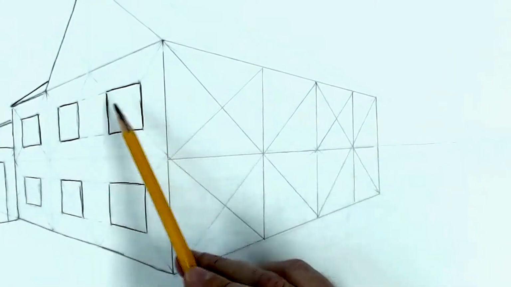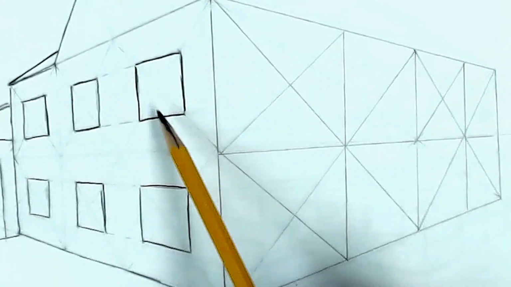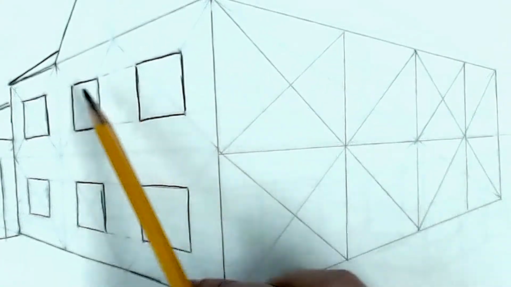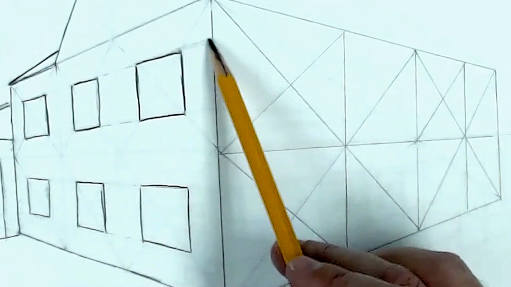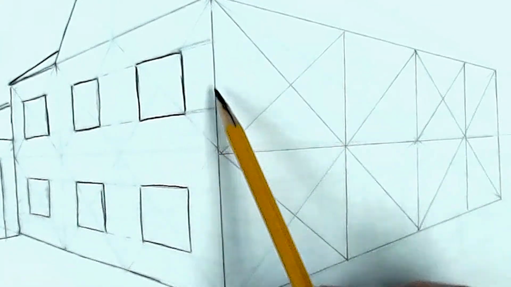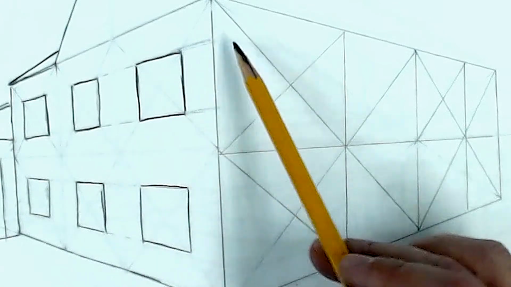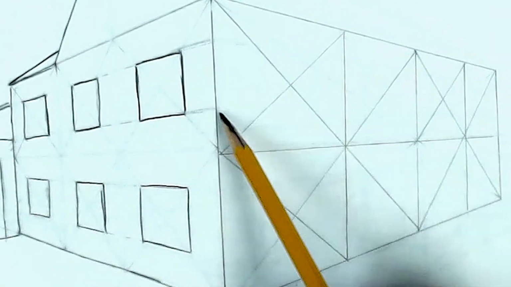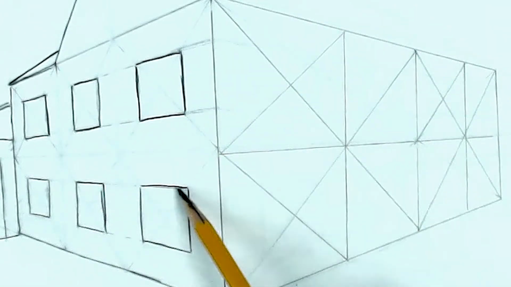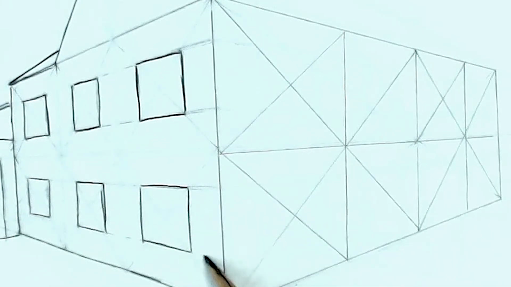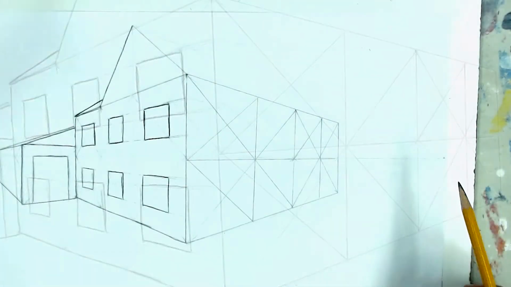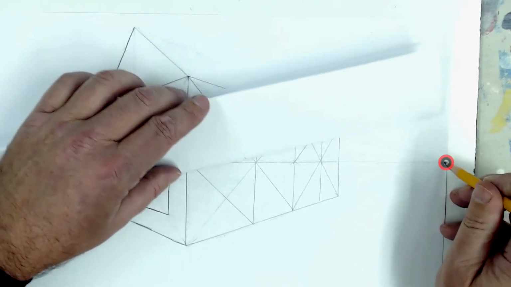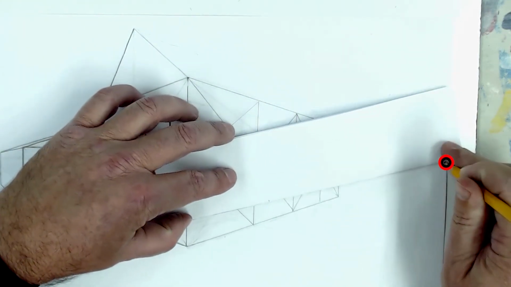And so I already determined the size or the height of the windows right here. So remember, I can just carry that over to the wall just by extending that line, and then coming down this way, that's going to give me the height for these windows. So here and here. Cool. So that's the height I've got for these.